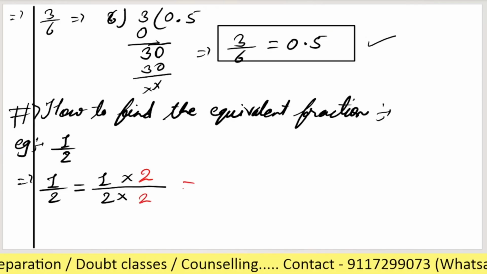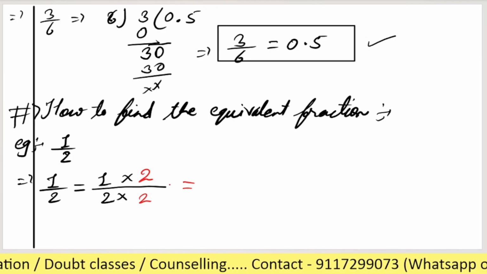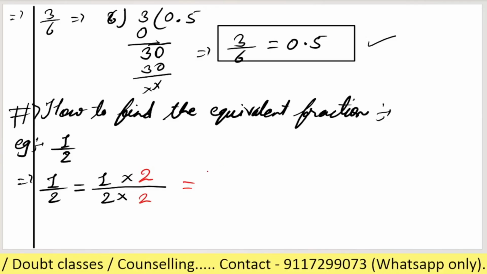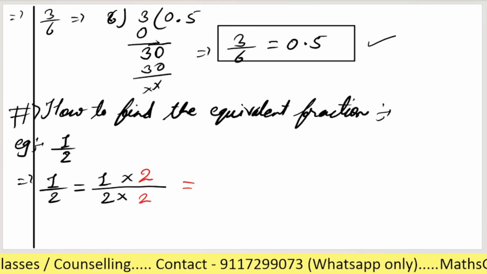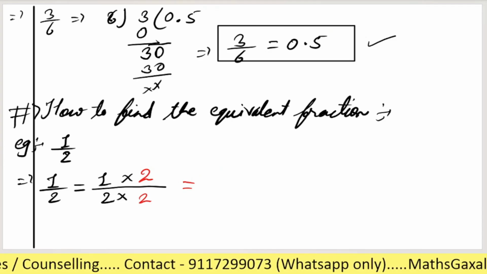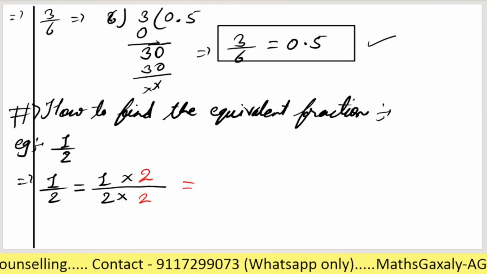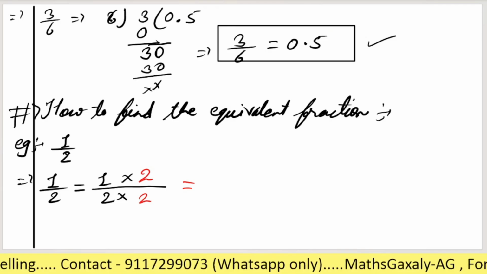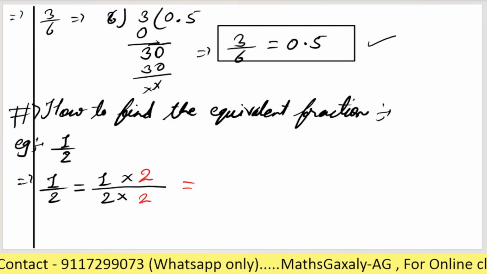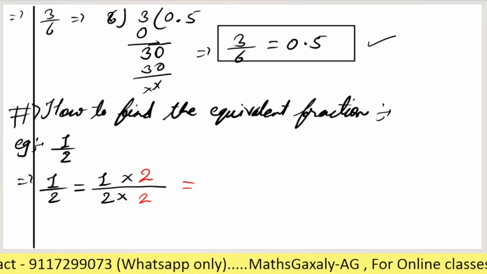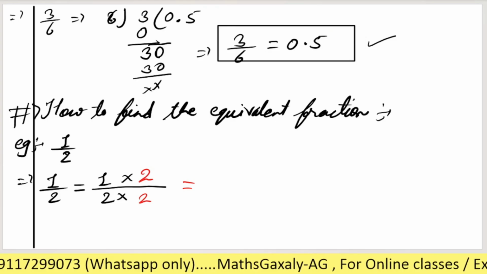Whenever we have to find the equivalent fraction, please keep in mind you have to multiply the numerator and denominator by the same number. You can take any number. If you take 5, then you have to multiply the numerator and denominator both by 5.